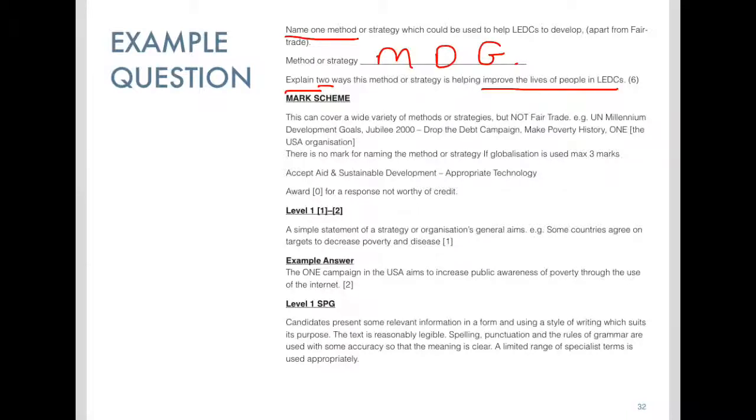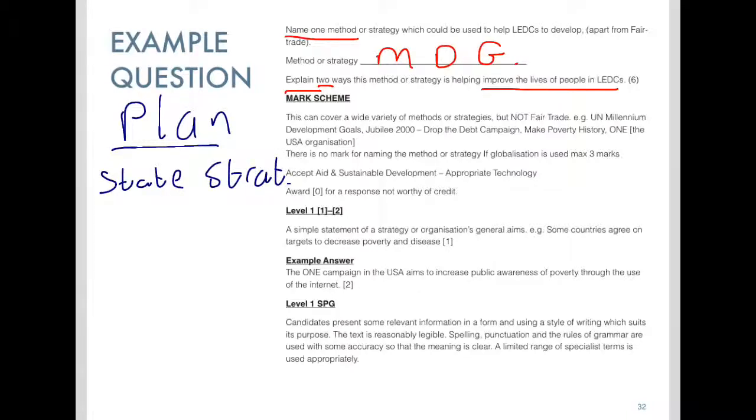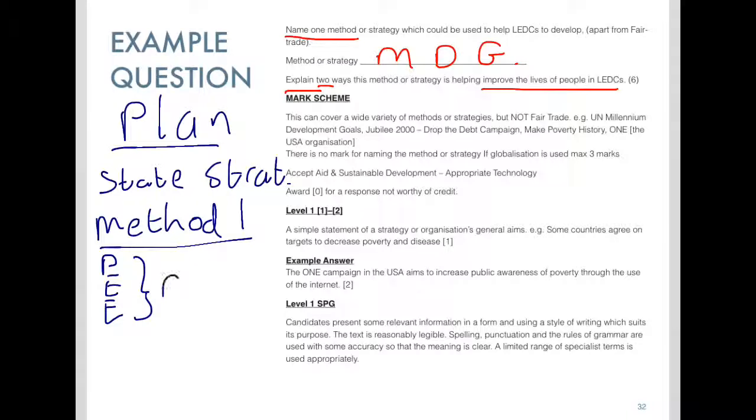So if we were to attempt to write a plan for an answer, you would state the strategy to start with, which obviously is the Millennium Development Goals. You would then talk about method 1, so you would choose one of the 8 targets for the Millennium Development Goals and talk about that in a point, explain, expand format, and within that you should introduce a fact, figure or place, and for this it's definitely going to be a figure.